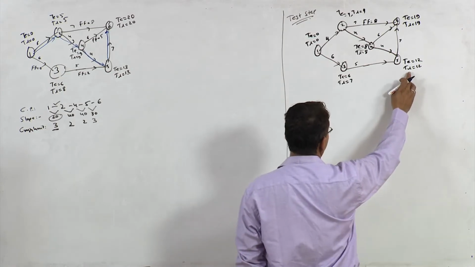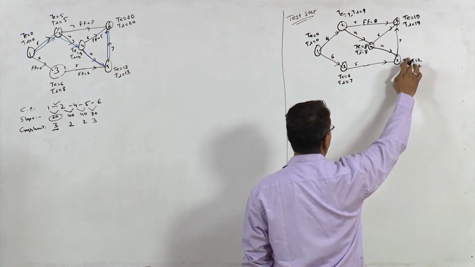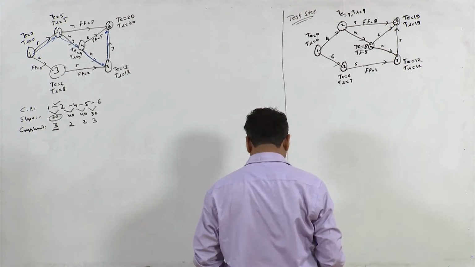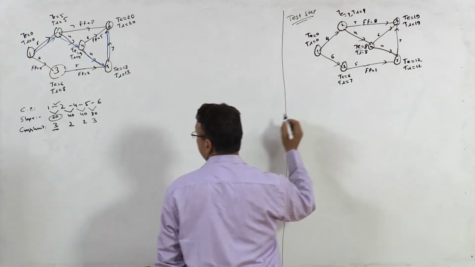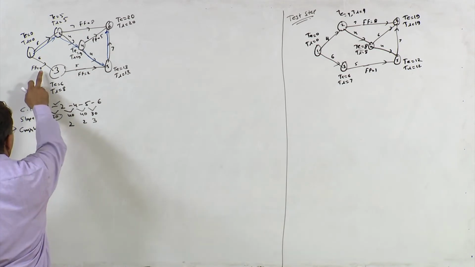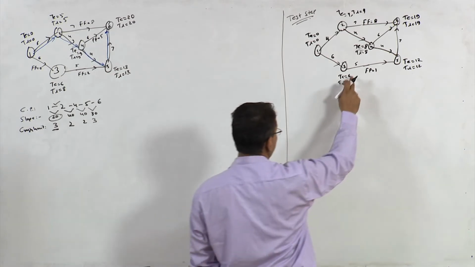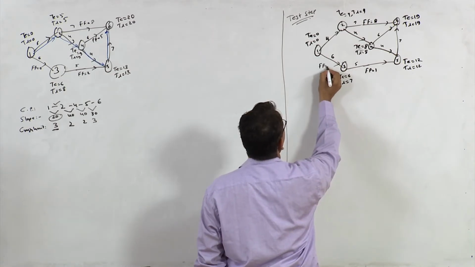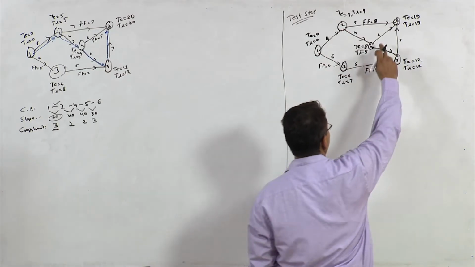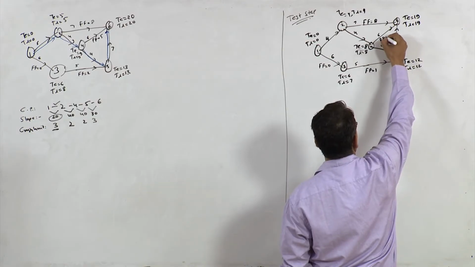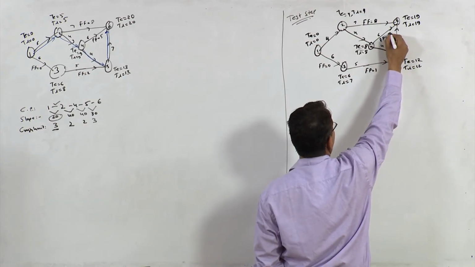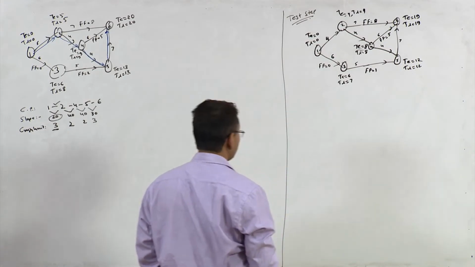Free float of this would be TE minus TE 6, so free float is 1, and the third non-critical activity was this, right. So TE minus TE, so free float of this non-critical activity is 0, and there is one more non-critical activity which is this, right. So free float here is 19 minus 8, 11, 11 minus 6, that is 5.